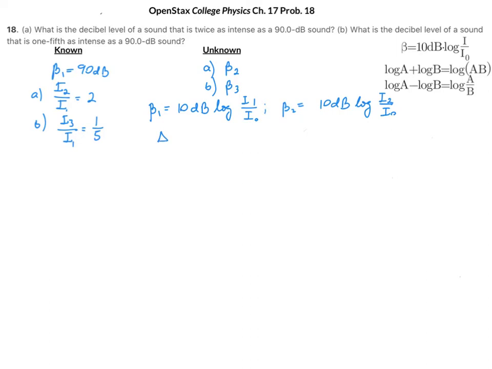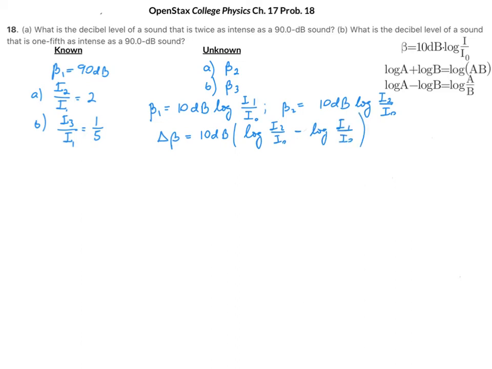So the difference in the decibel level will be, I'm going to factor out the 10 decibels, so I have 10 decibels, and then log I2 over I naught minus log I1 over I naught.